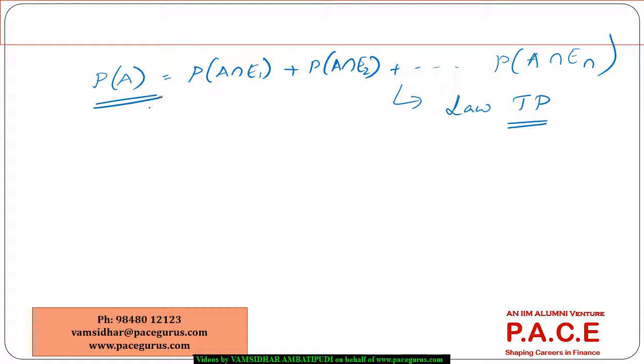So the probability of occurrence of any event A belonging to a sample space S can be written as the probability of occurrence of A along with E1, along with E2, where E1, E2 and so on form n different mutually exclusive events out of the sample space S. That is a very interesting theorem, called the law of total probability.